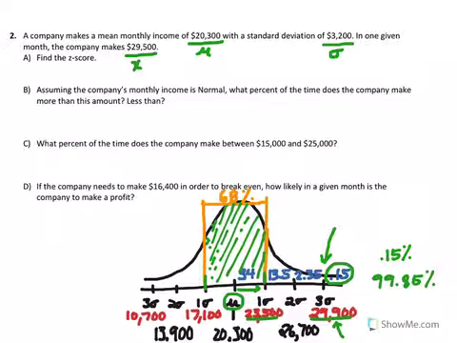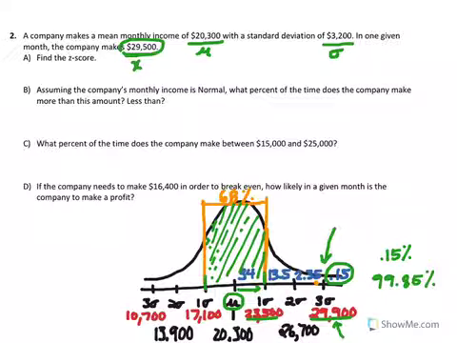So their performance there that month was extremely good. However, we see the data here. We see that their data was 29,500, which is going to be somewhere in between two standard deviations and three standard deviations.